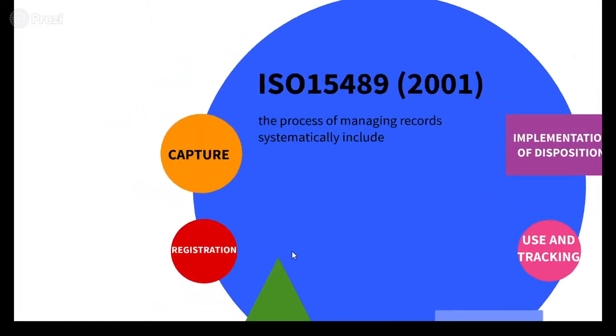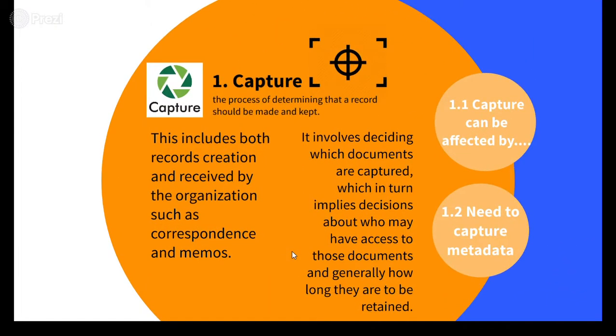Number one, capture. Capture is the process of determining that a record should be made and kept. This includes both records created and received by the organization, such as correspondence and memos.